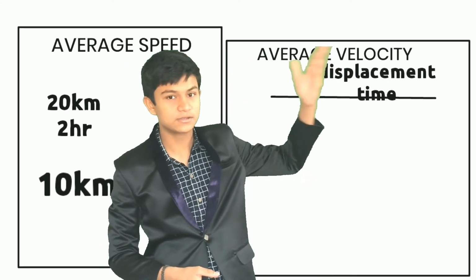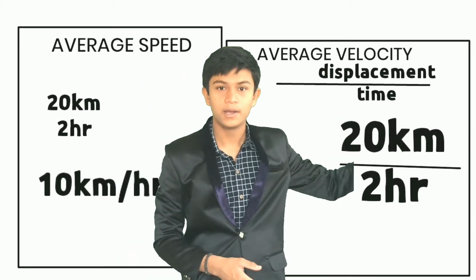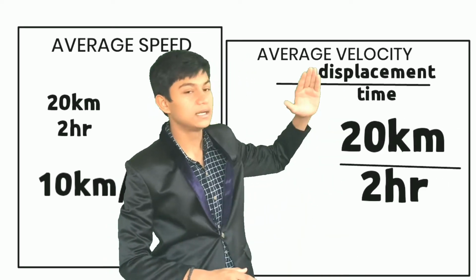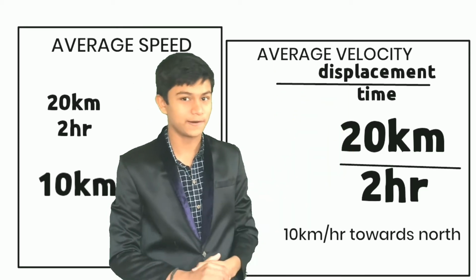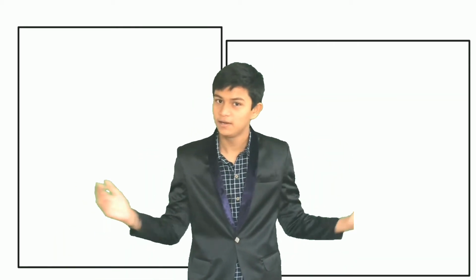The displacement, that is 20 kilometers by 2 hours, is 10 kilometers per hour in the north direction. So can you find the distance yourself? Now if you are clear with the concept, then let me introduce you to a question.